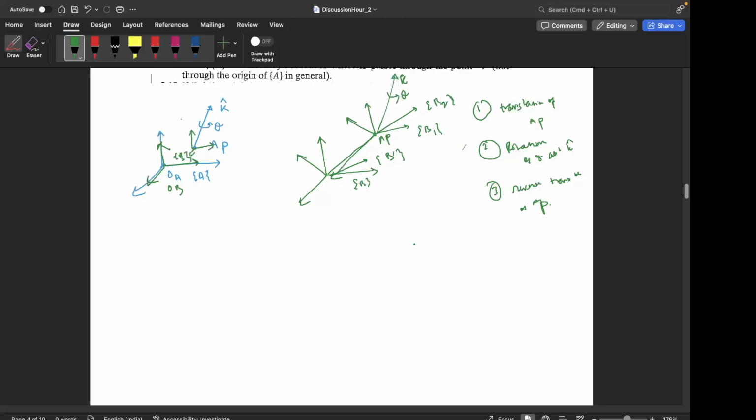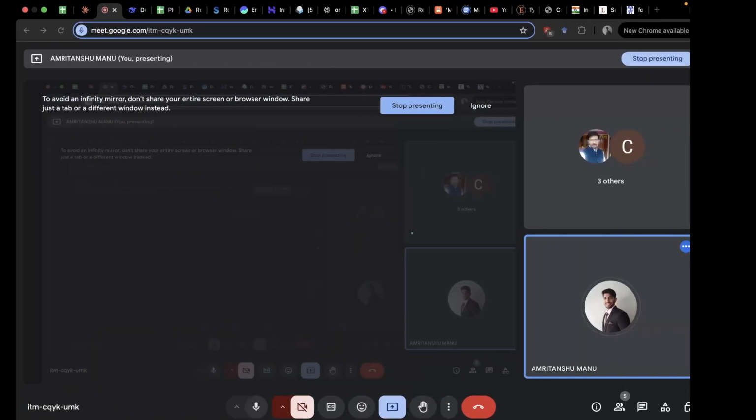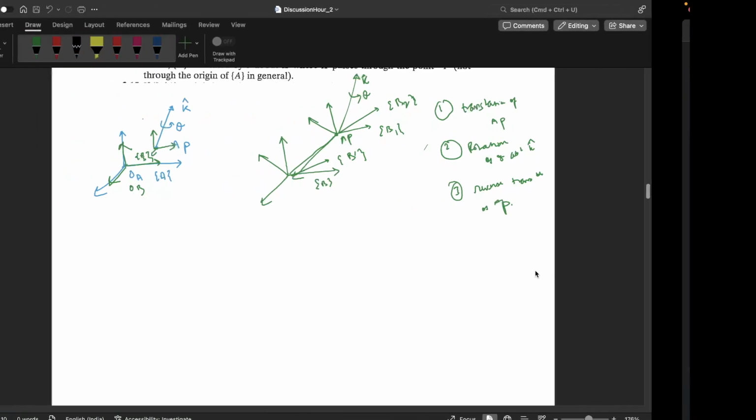However, it might be a little bit non-intuitive to imagine, because there is one vector which is not along x, y, z, it's some non-trivial vector about which we are rotating by some non-trivial angle, but mathematically we have seen that it does reach us to the same orientation. So it's just ease of description: rather than specifying three axis-angle pairs, we can specify just one axis-angle pair. I hope that's clear now.